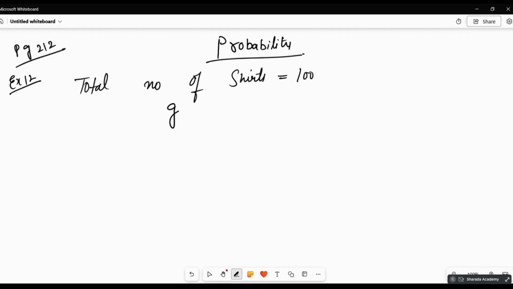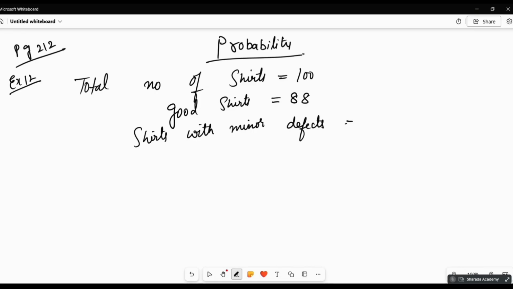In that, good shirts are 88, shirts with minor defects are 8, and shirts with major defects are 4.